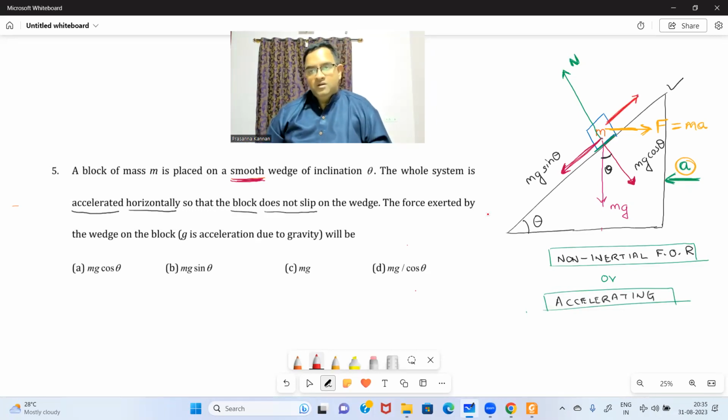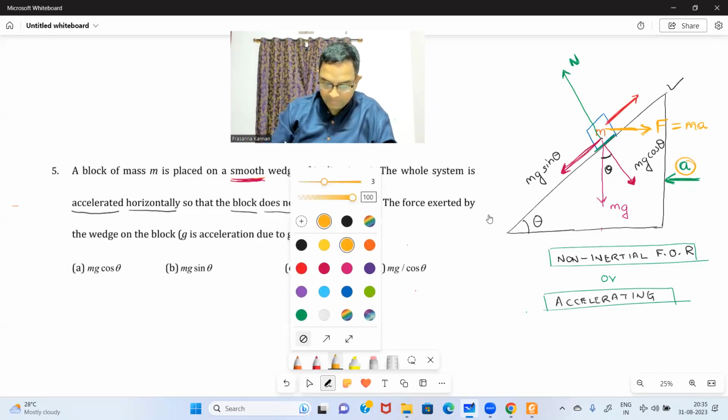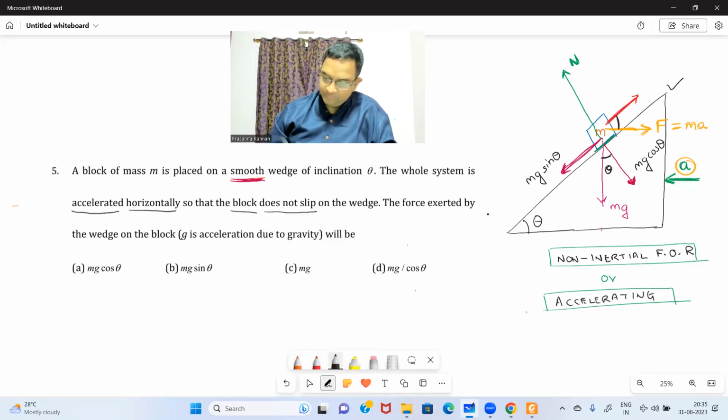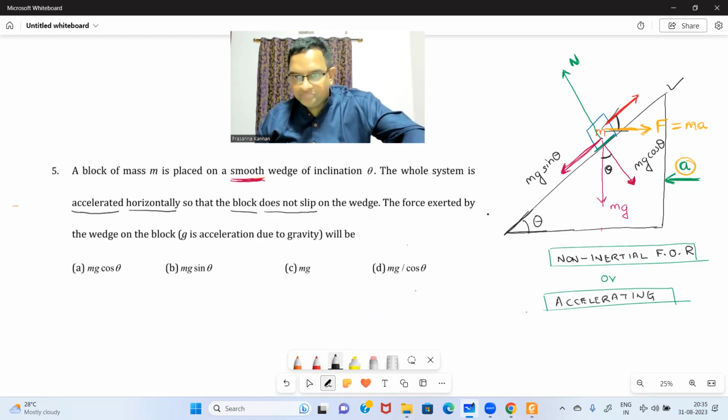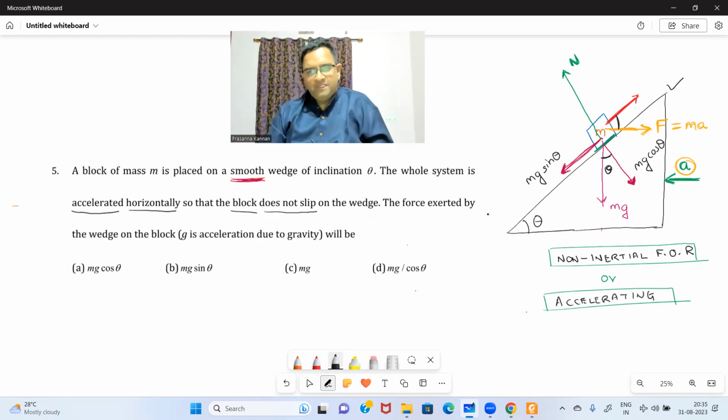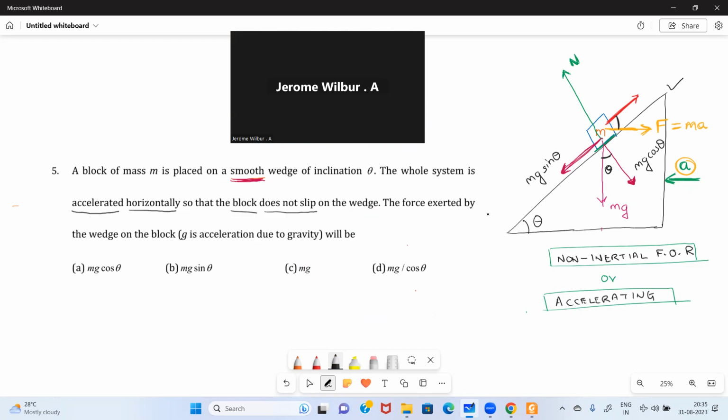Okay. So can you tell me what this angle is? Anybody? Are these two corresponding angles? Yes, no? Yes, sir. So what will this angle be? Theta, sir. Right.